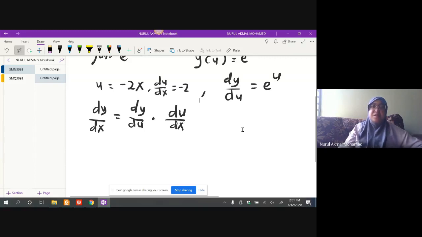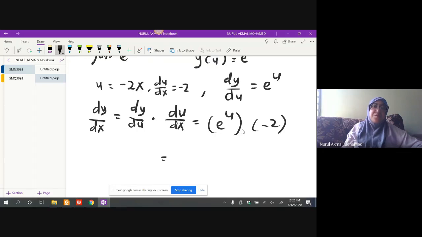So you just substitute: dy/du is e to the power of u, multiplied with du/dx, which is negative 2. This is still not final because you have to substitute what is u.